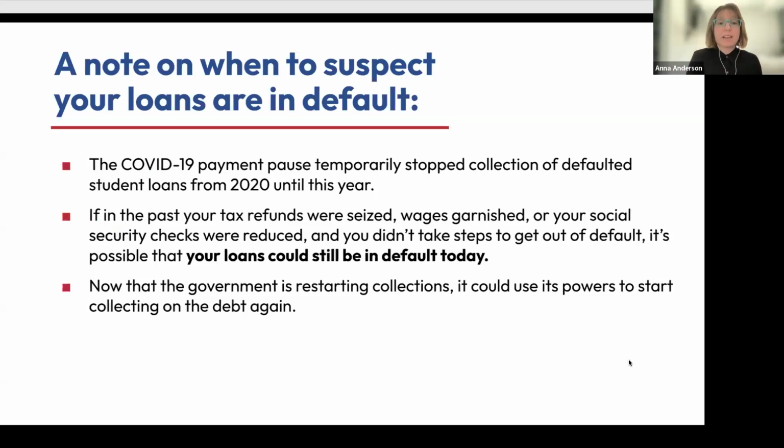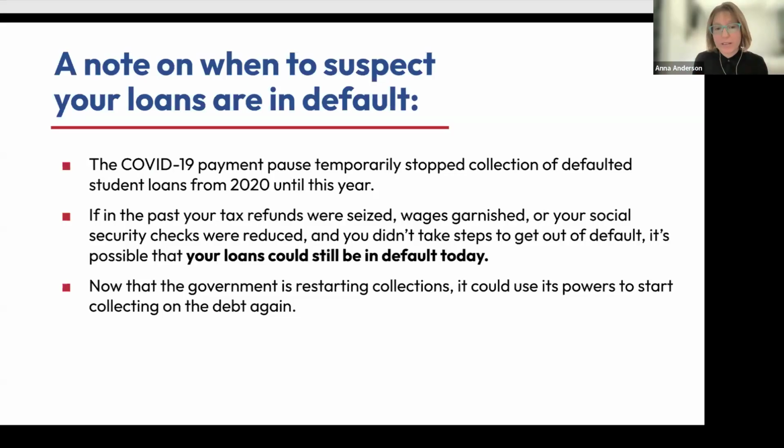Remember that the COVID-19 payment pause stopped most collection activity on defaulted student loans from 2020 until just earlier this year. So if you had your tax refunds or wages garnished, or Social Security checks seized or reduced prior to that, your loans could potentially still be in default today, even if you didn't experience any collection activity for the last several years.